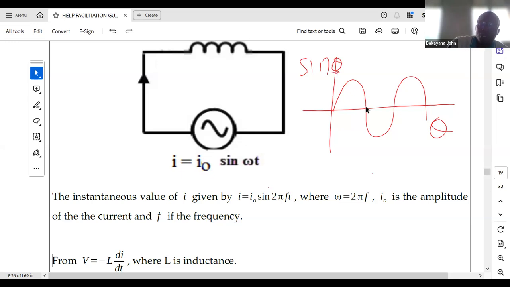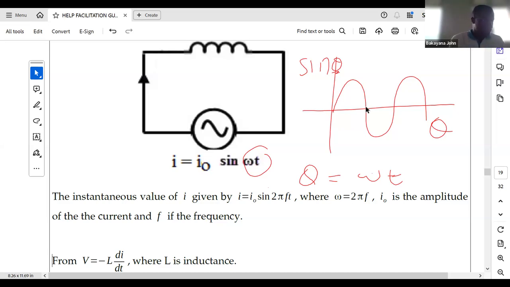We know that the angle we are talking about in this case is the angular displacement, which is given by omega t. But in the interest of time, we shall not go in so deep into the explanation of that. So our task here is simply to derive an expression.